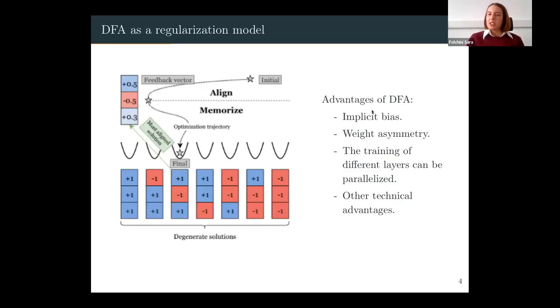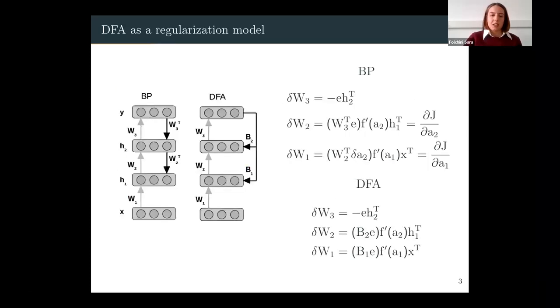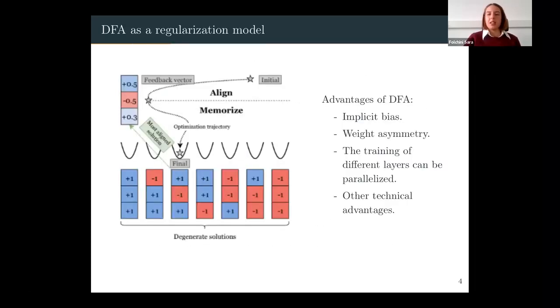So what are the advantages of DFA? We already mentioned the implicit bias. We will try to exploit this bias for continual learning. The fact that the weights are not the same for the backward and the forward pass makes this algorithm more biologically plausible. In fact, it was born in 2016 as a biologically plausible algorithm.